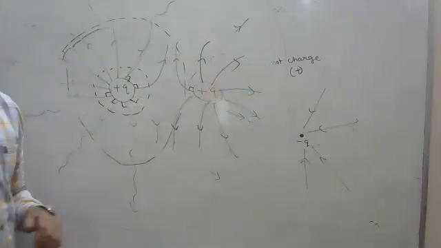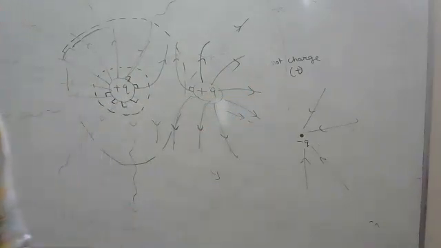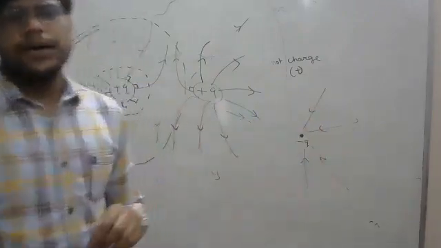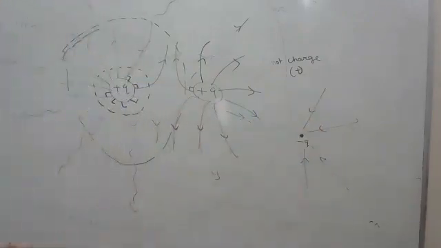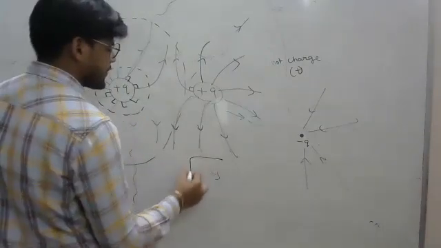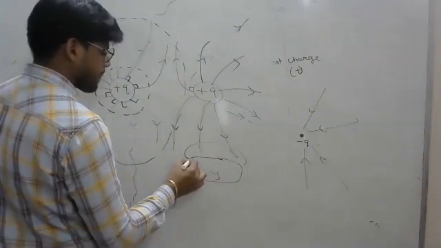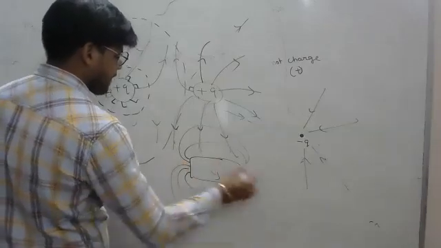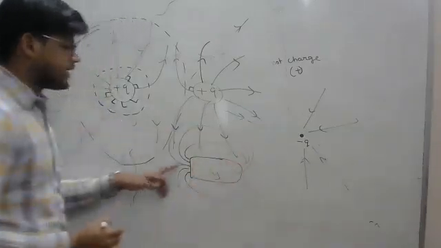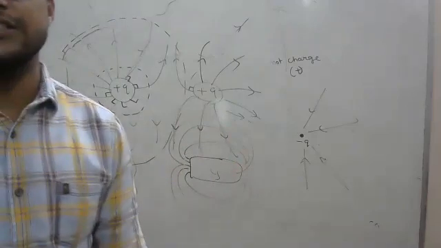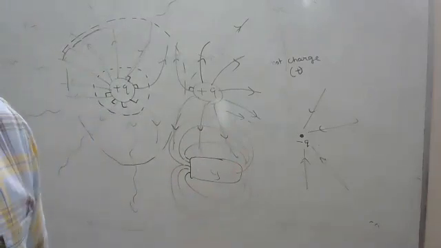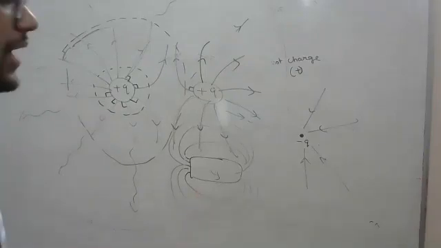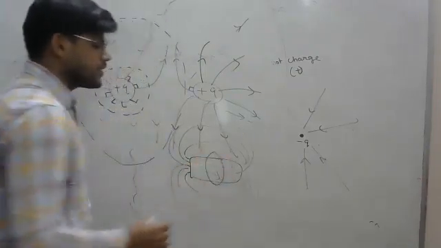As you might have studied in magnets also, on the poles the magnetic field lines are concentrated. So at that end, the magnetic field strength is stronger, and at the center it is weak.